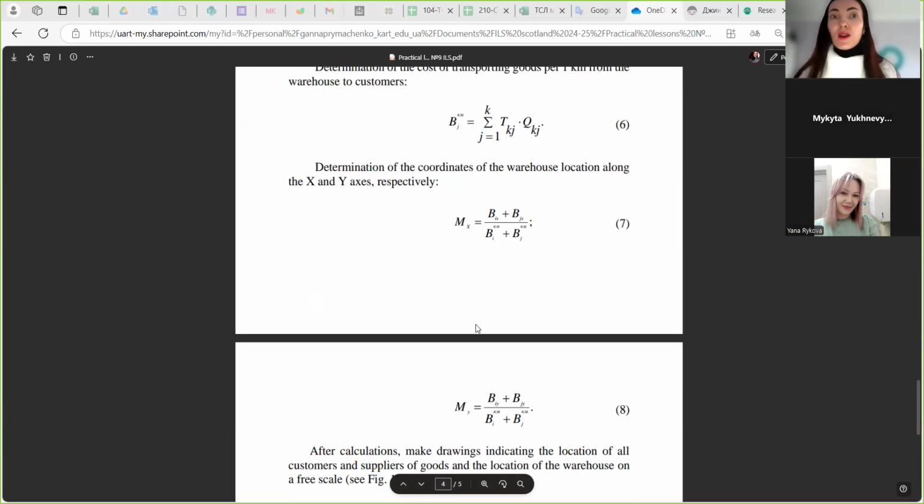Okay, and our next formula, the last formula now, it is formula number 8, right? M with index y by axis y, we find where our warehouse is located, is equal to, and also use numerator and denominator.